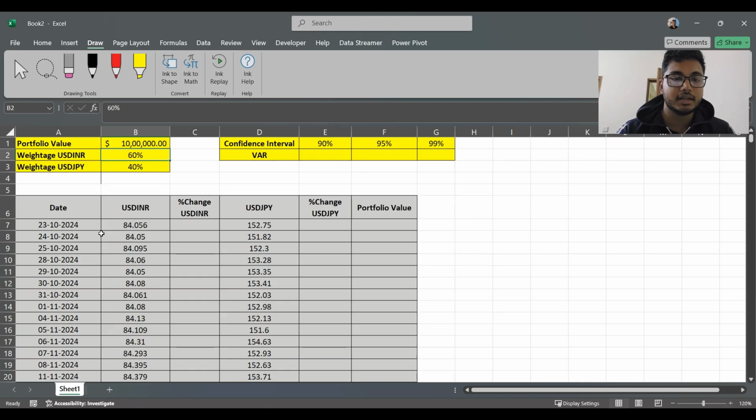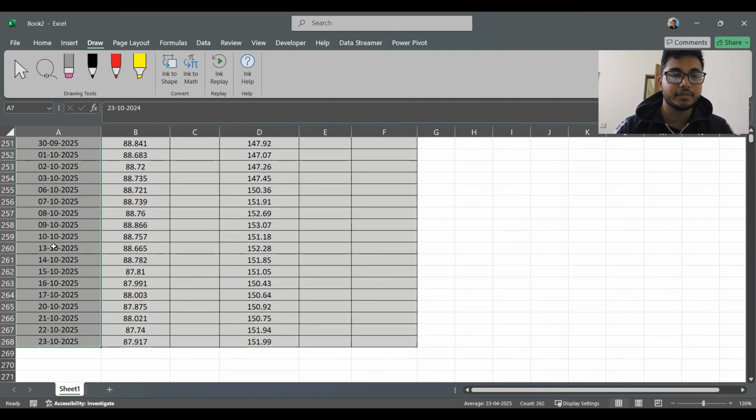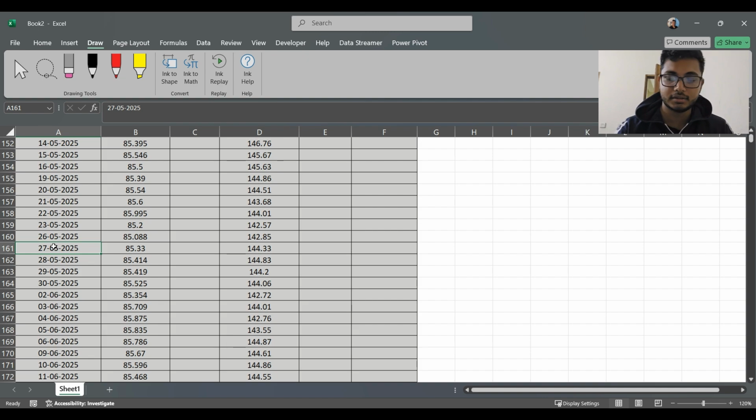And we also have the data. We have 1 year of closing rates from 23rd October 2024 to 23rd October 2025, for both the currencies.